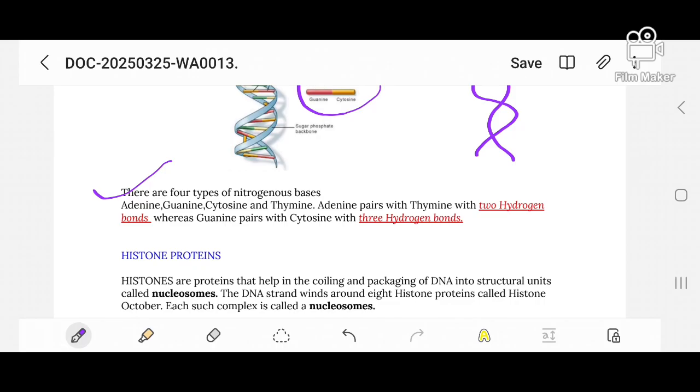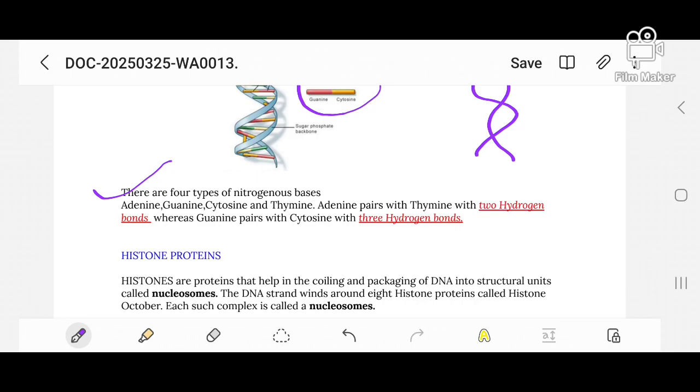Let's take an example of a couple. There is a boy and a girl. They both love each other and they married each other in their later life. There was a strong bond with each other. Just like that, adenine pairs with thymine.